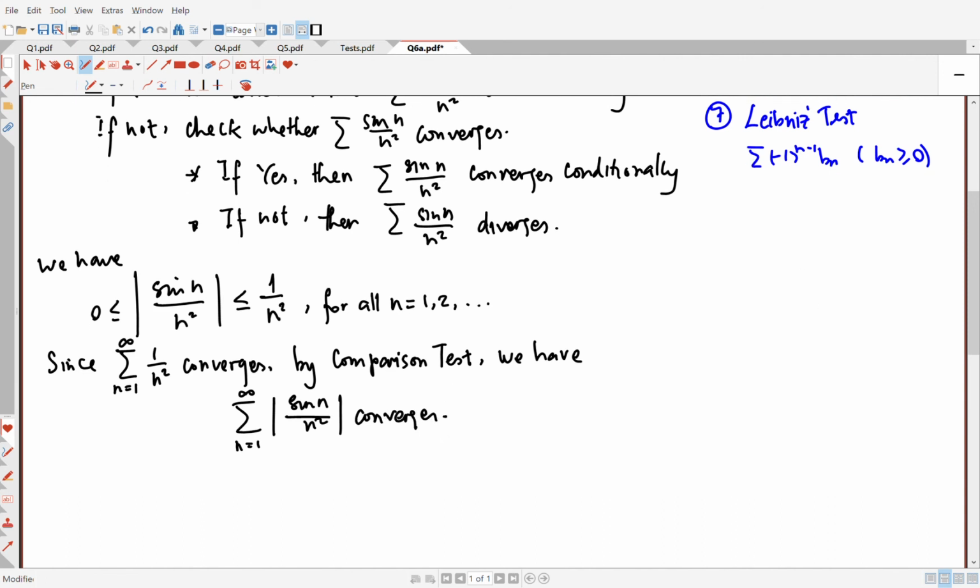This means the sum of sine n over n square converges absolutely. Okay, done. So yeah, this is the solution.